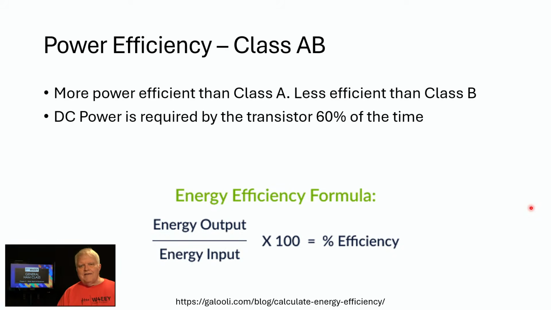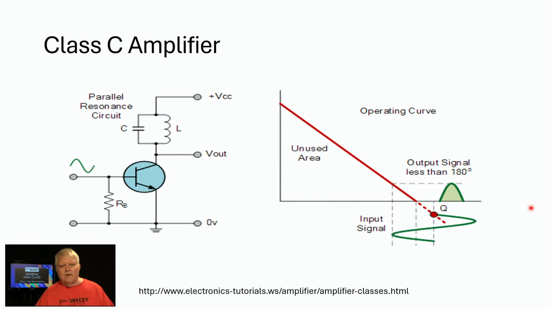And then Class C amplifiers amplify only just a very small portion of the input signal, just the tip, for example. But in this kind of an amplifier, if you follow it with a resonant circuit, you'll get this resonant circuit to fill in the gaps, to fill in the rest of the signal. That's why Class C amplifiers can be used for signals where you don't worry about the amplitude variations.